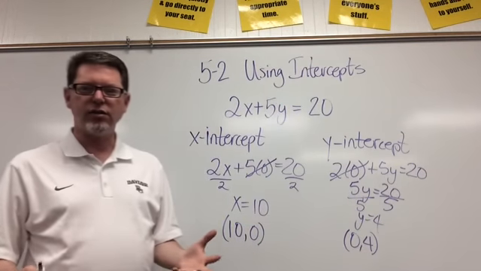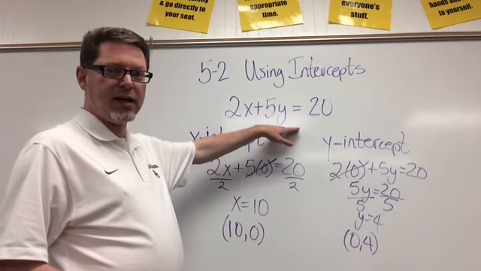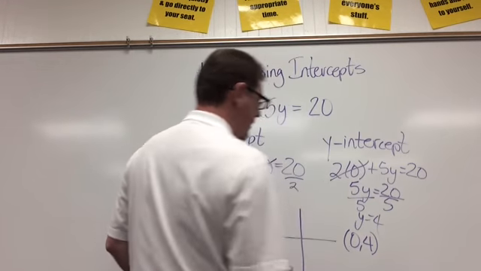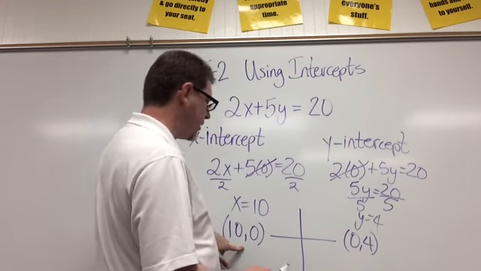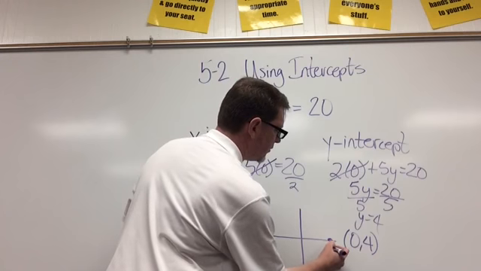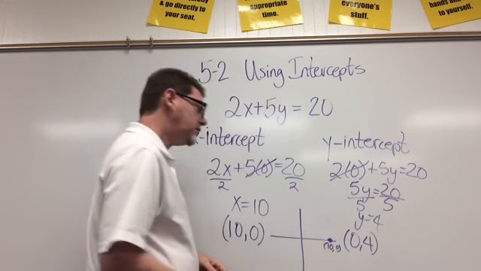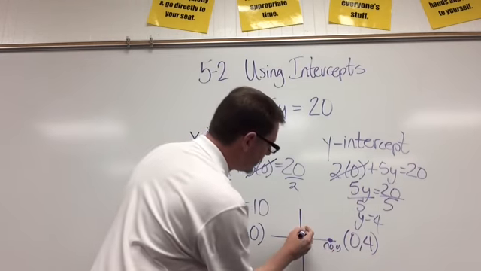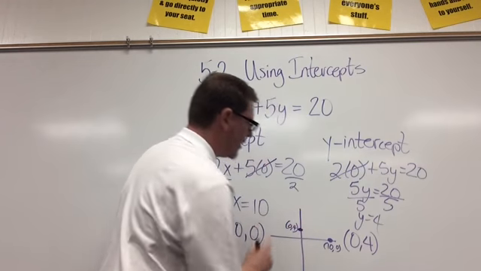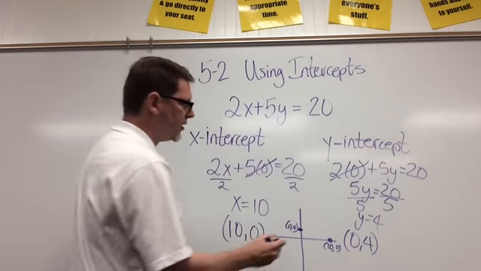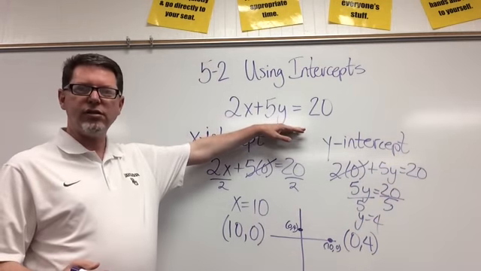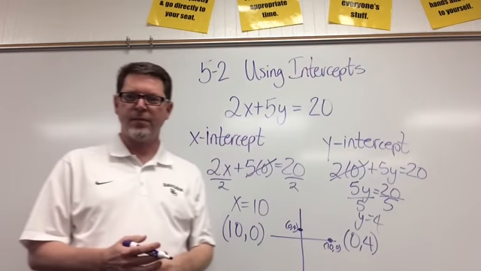So now what I could do is I could actually graph this line on this nice little simple coordinate plane. And I know that 10 comma 0, so I'm going to just guess that 10 is out here, and that'd be 10 comma 0. And if that's 10, then this is about 4, so this would be 0 comma 4, and that would be my y-intercept, and then I could connect that line, and that would be the graph of this equation 2x plus 5y equals 20.